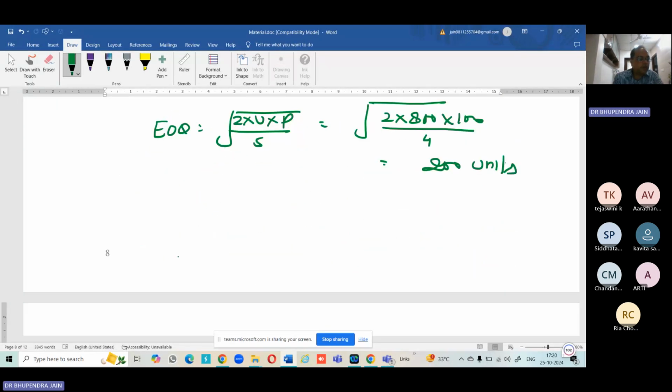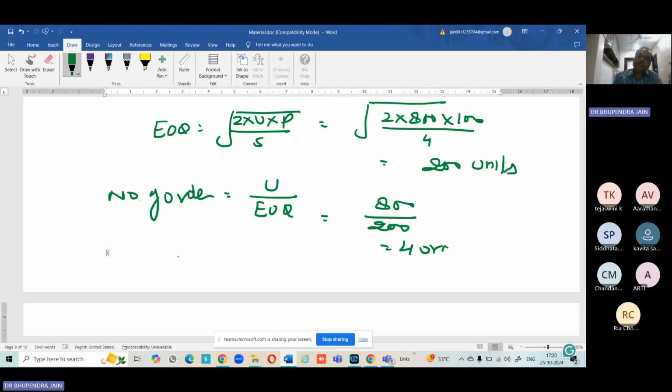How to calculate number of orders? U, annual demand, divided by economic order quantity. U is 800 and economic order quantity is 200. Now the answer is 4 orders we have to place in a year. Clear, sir? So this is the economic order quantity.